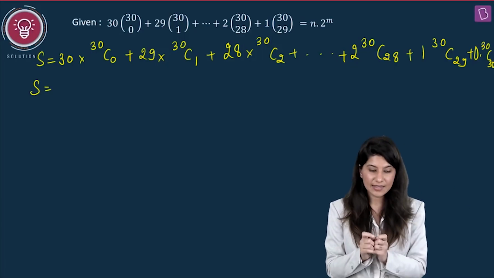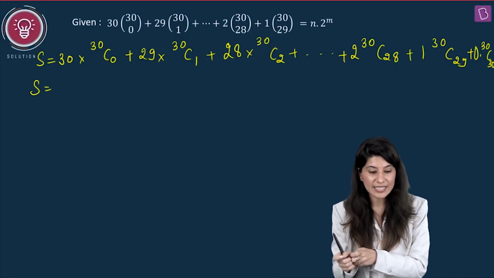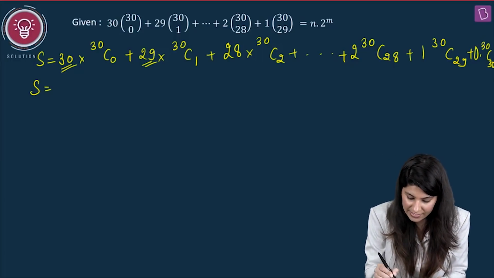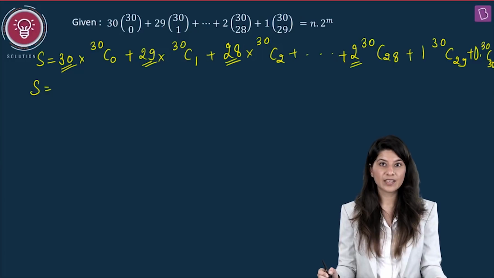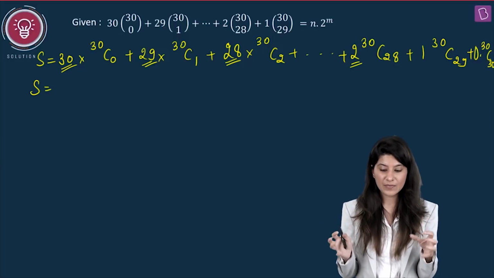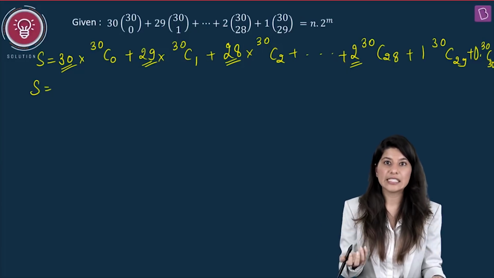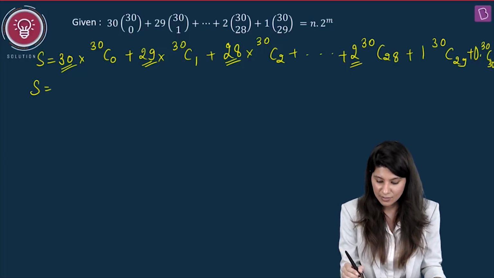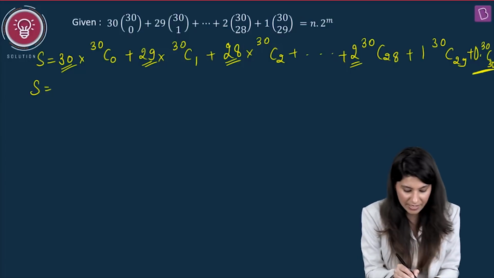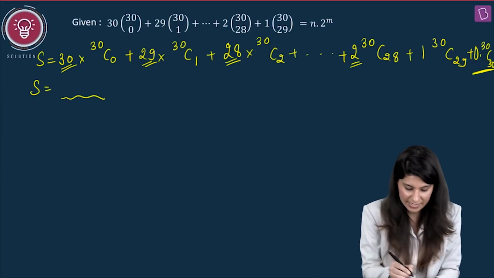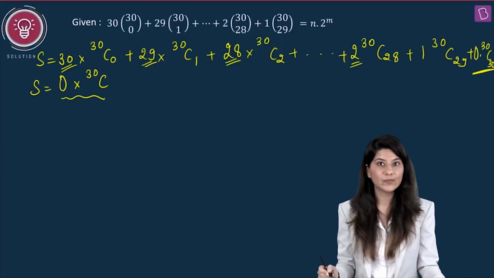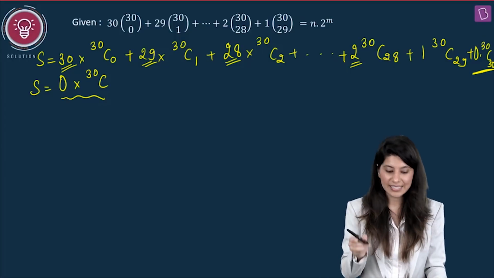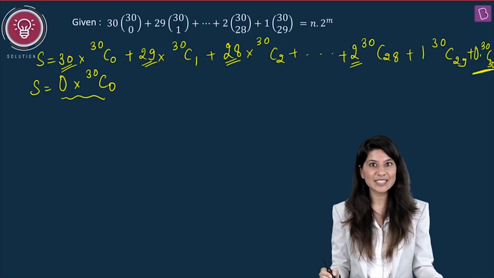Now you can see that the binomial coefficients are there and this is a series which is an AP. What do we do for an AP? Actually, we'll reverse the series and write it nicely. So the very last term, I'll be writing it over here. What is the last term? 0 multiply 30C30. But 30C30 can be written down as 30C0, isn't it?